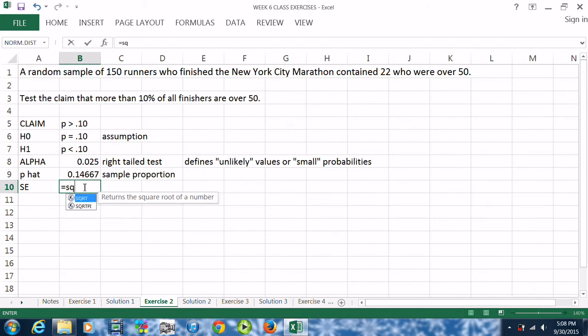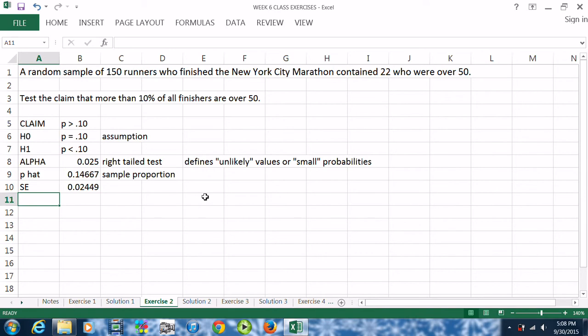So we're going to do equals the square root of 0.1 times (1 minus 0.1, which is 0.9), divided by n, which is 150. So we get our standard error, where now P is assumed to be 0.1, and we get an even smaller standard error than we had before.